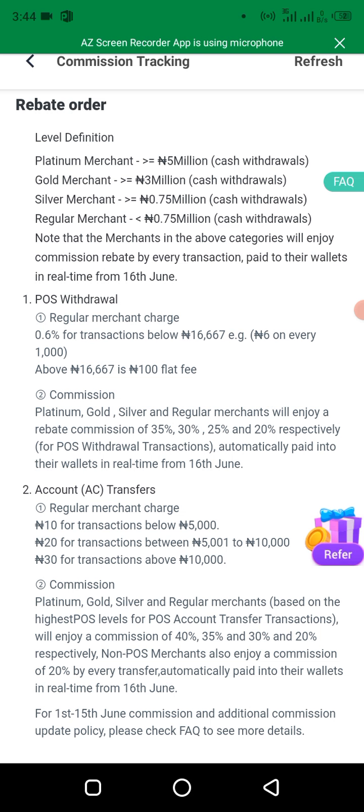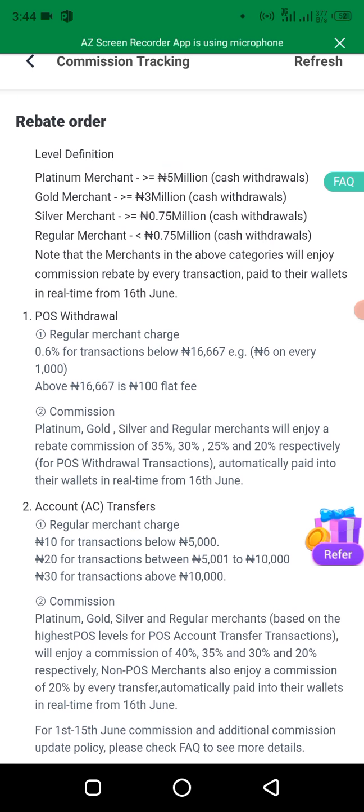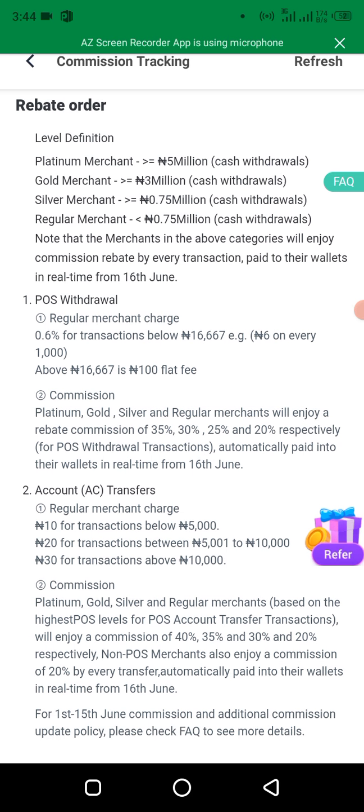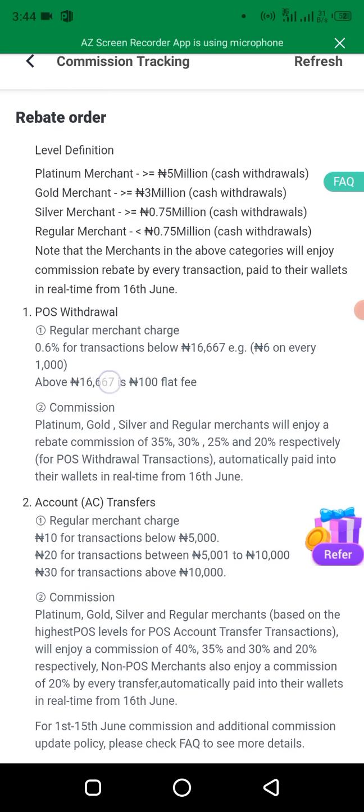All right. So any amount above 16,667 naira will be charged at 100 naira. Before, it used to be any amount from 20,000 naira and above that was 100 naira. But now Opay has one of the cheapest prices in the market. If you are doing well, Opay will give you a lot of bonuses. So anything above 16,667 naira will be charged at a 100 naira flat fee.